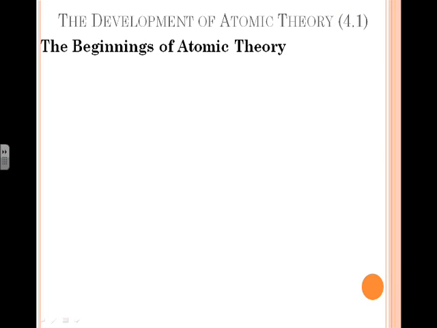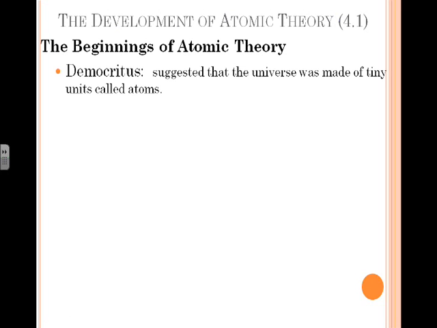So this just means the ideas of how we figured out what the atom was made of and how the atom is composed. Now, the first scientist that contributed to the atomic theory was Democritus, and he suggested that the universe was made of tiny units called atoms. So he was the first one to actually discover and believe that everything was made up of atoms.